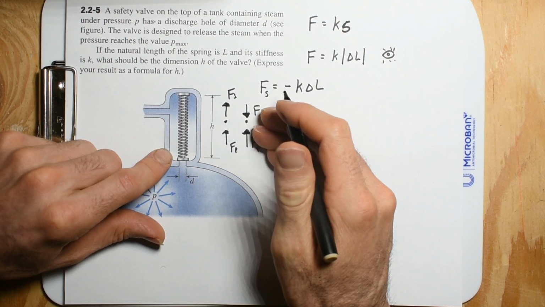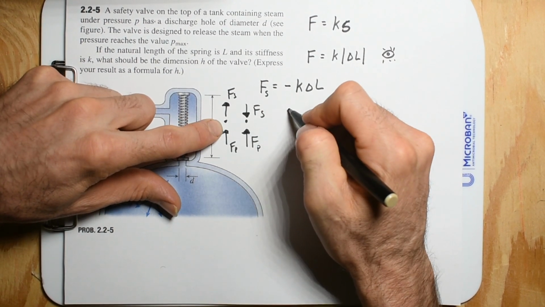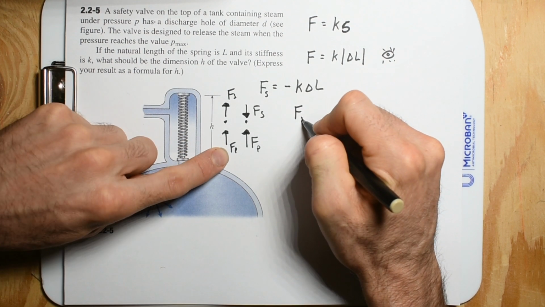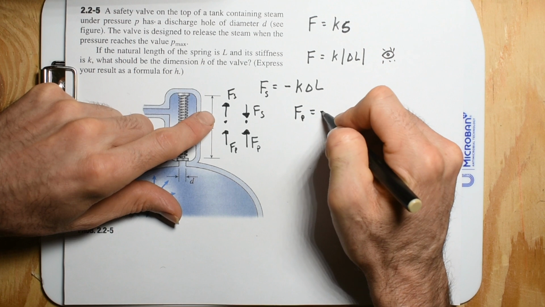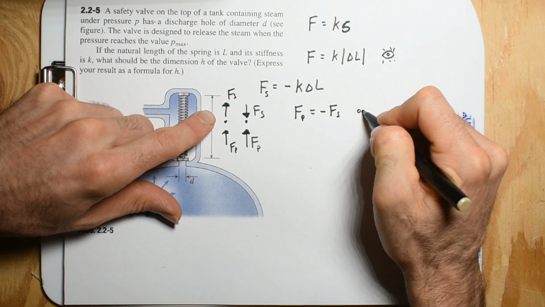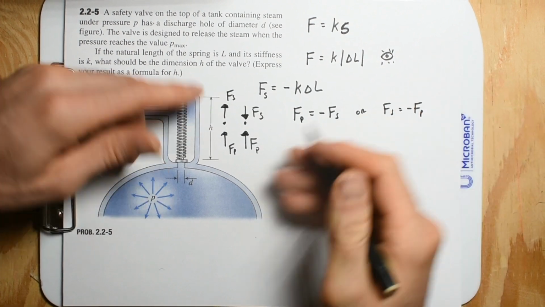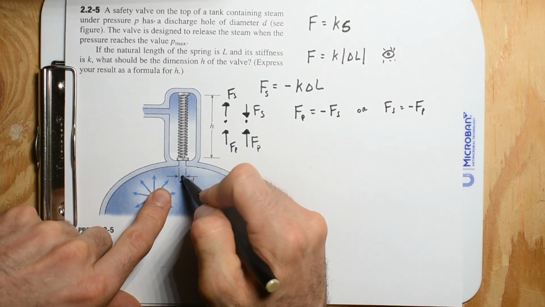I think so. Because if I wrote it like this, my sum of the forces in the y direction are just going to get me that the force of pressure has to equal negative force of the spring, or force of the spring has to equal negative force of the pressure. So I definitely know the pressure is in this direction.